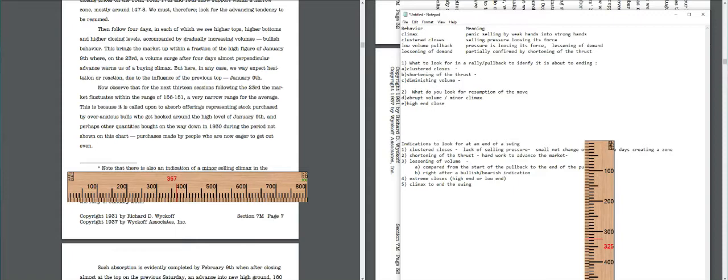But for the move to resume, what do you look for? Minor climax and high-end closes. These are some evidences. The minor climax is going to terminate the move.